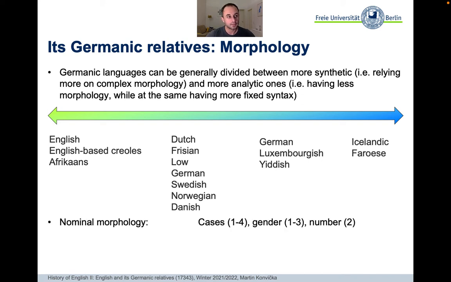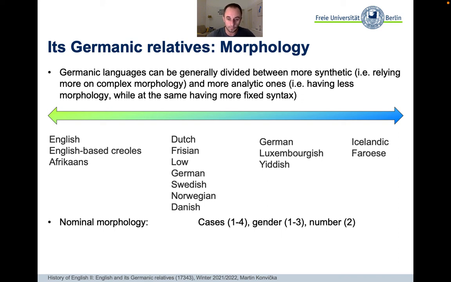If I speak about morphology, what I basically mean is, for example, nominal morphology, which means how many cases the language in question uses, just one case, 2 cases, 3 cases, 4 cases, how many different gender distinctions there are, 1, 2, or 3, and how many number categories the language uses.